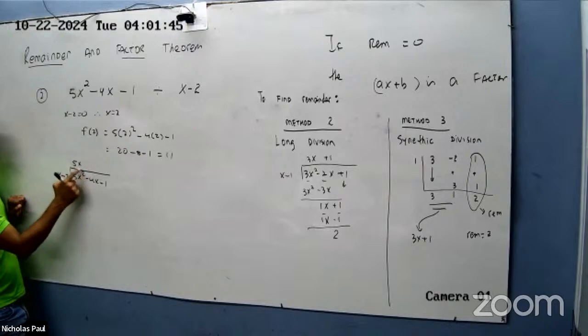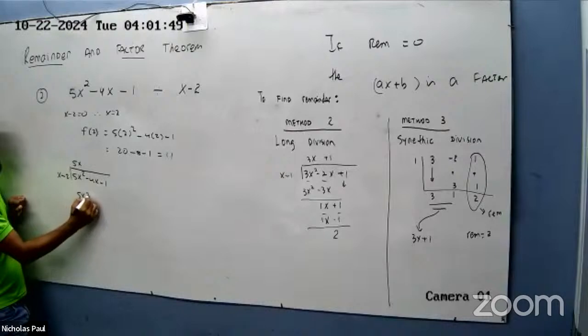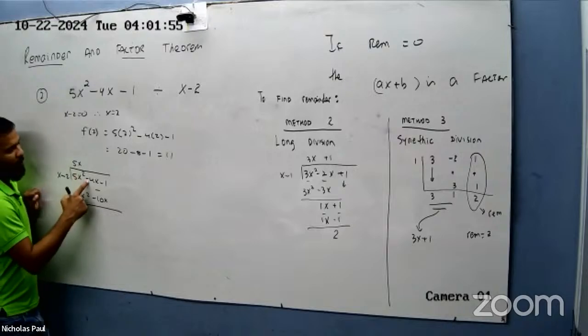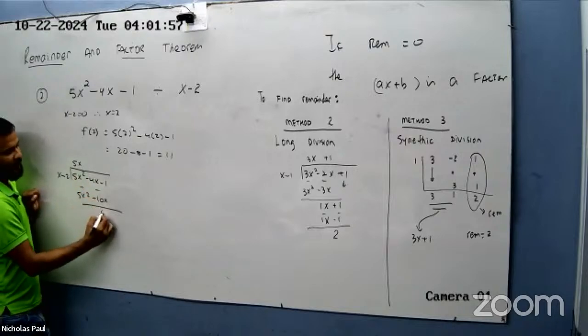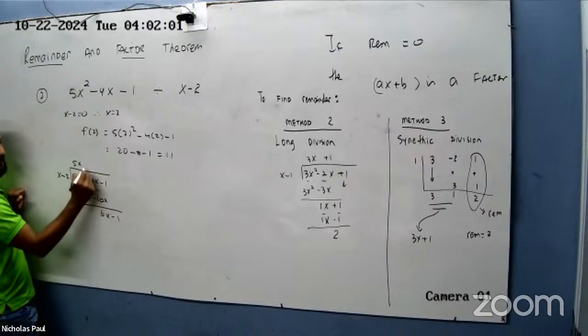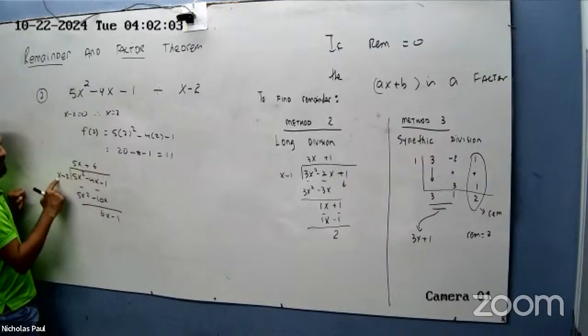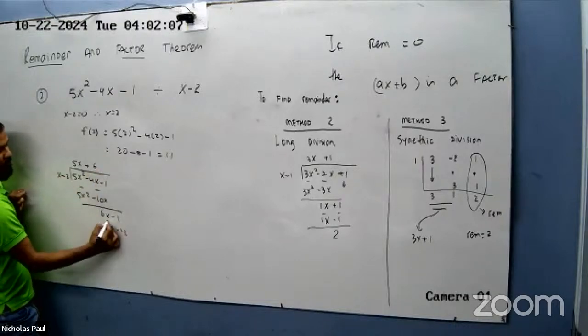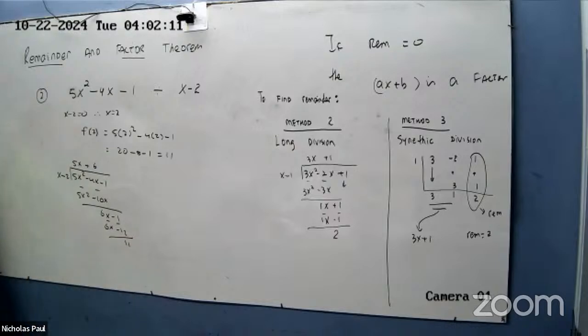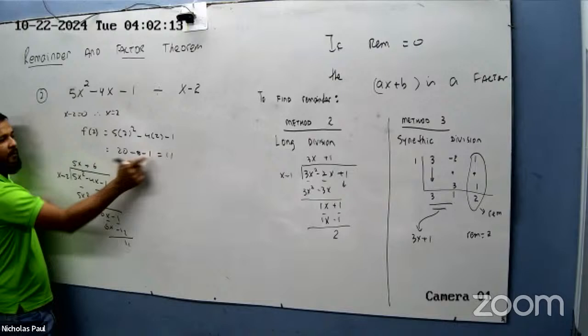X into 5x squared is 5x, 5x by x, 5x by minus 2. Subtract, that'll be 6x, and bring down the minus 1. X into 6x is plus 6, 6 by x, 6 by minus 2, subtract, this will give you 11. And 11 is the same, so we're good to go.